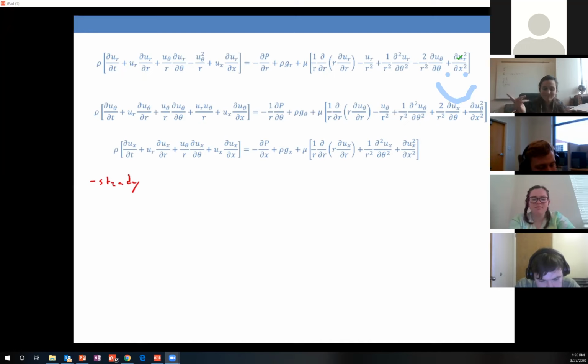All the time derivatives go away. Next, it is incompressible, so rho is constant. It is horizontal, so let's treat gravity as negligible.